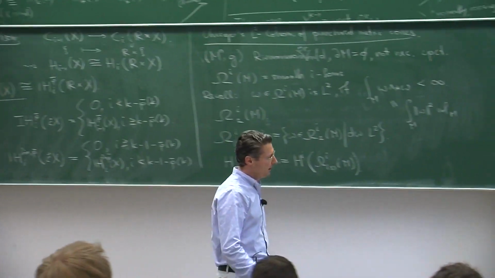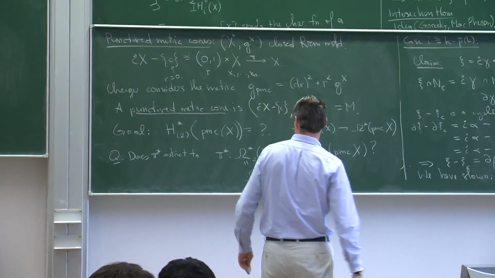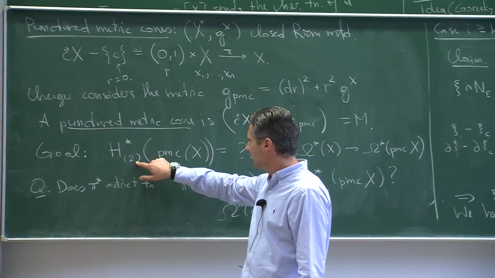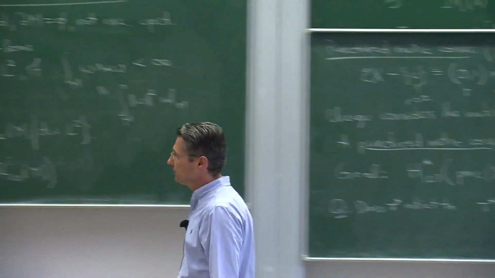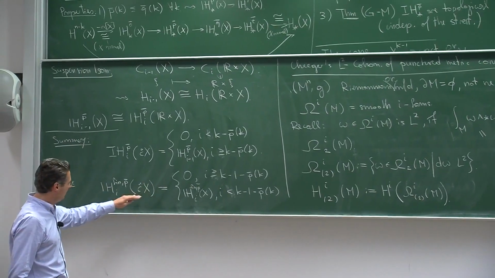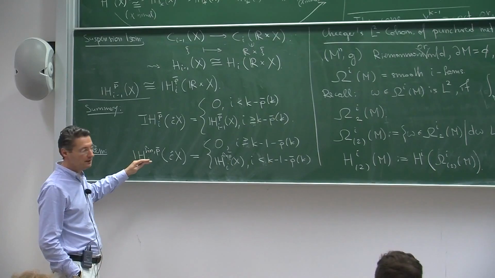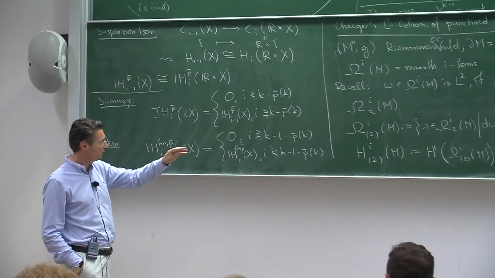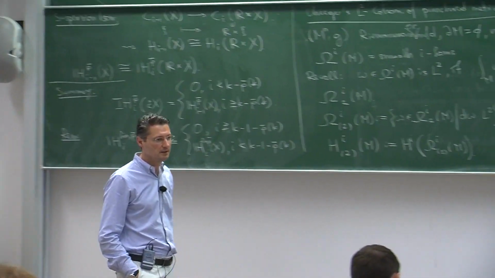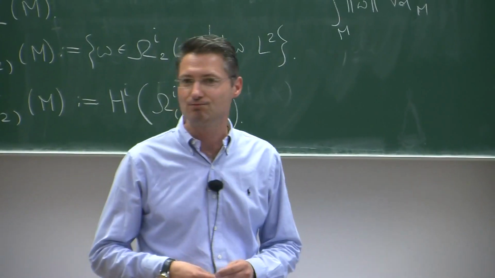And then a similar argument will show that above that range, in the rest of the degrees, this group is 0. And this corresponds to the second case here, so this is very suggestive, right? So we see that essentially L2 cohomology of a cone with that metric is dual to this. And that is what we will see at the beginning of the next lecture. Okay, thank you.